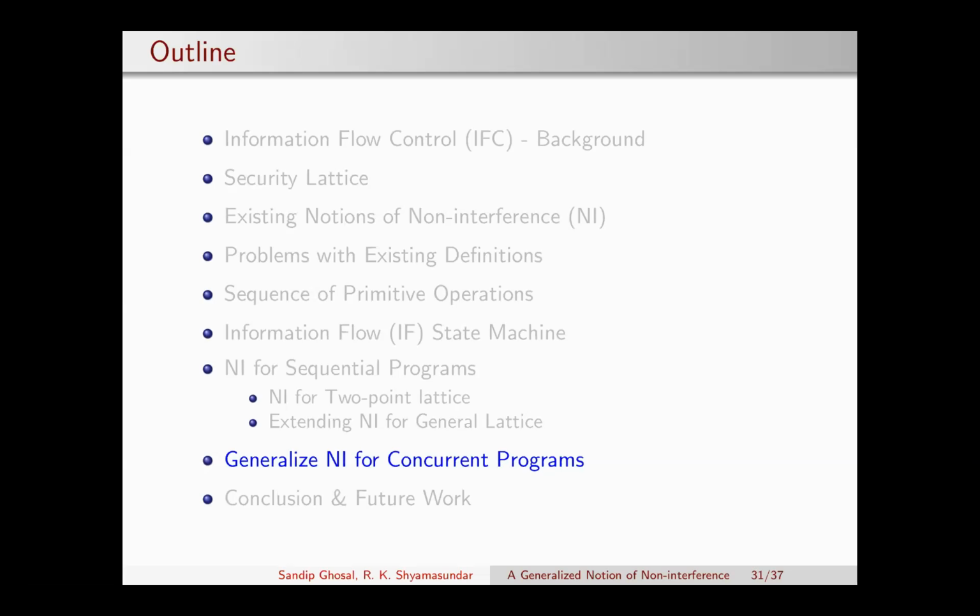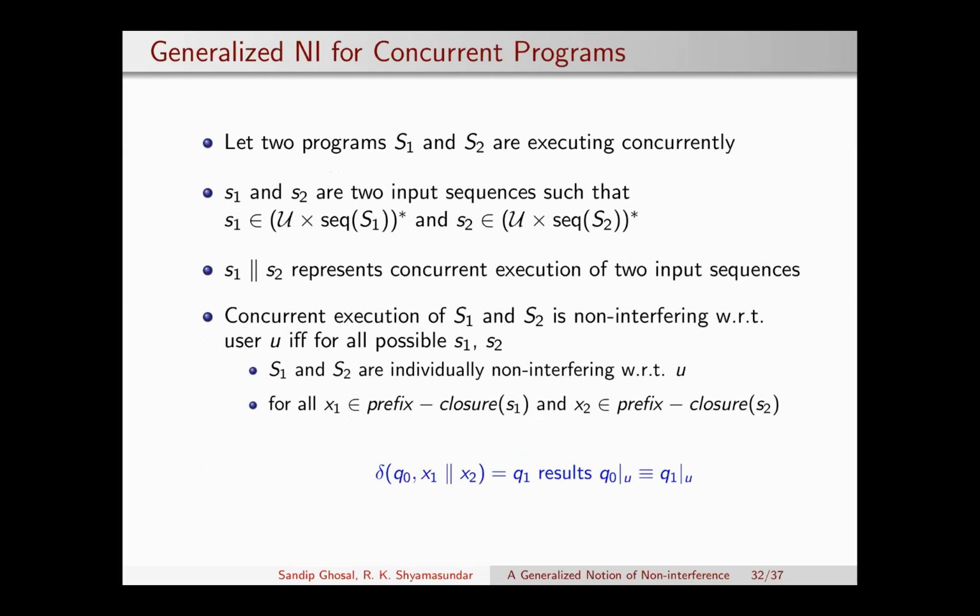Next, we generalize the definition of non-interference for concurrent programs as well. Let two programs S1 and S2 be executing concurrently, and small s1 and small s2 are the corresponding input sequences.